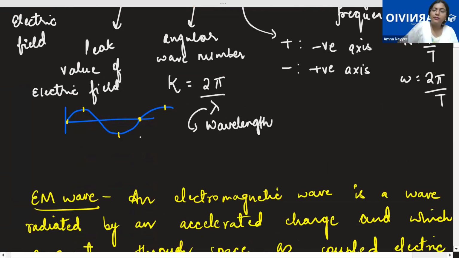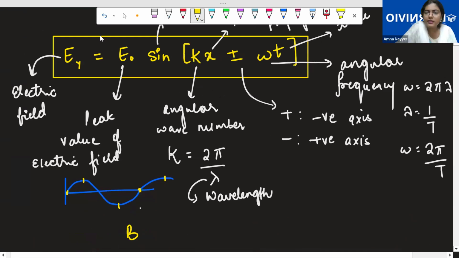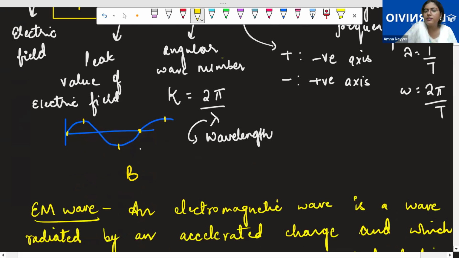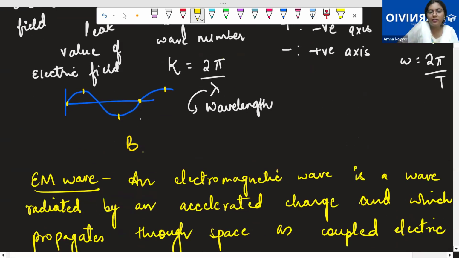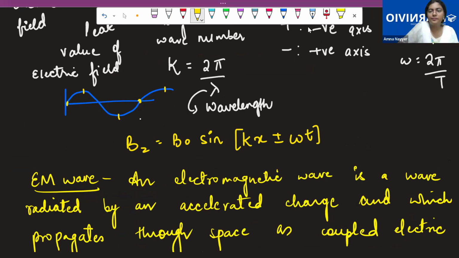Secondly, if I take the same thing for magnetic, now I'll not explain that again. You'll be able to do it. Let's say your electric field is along the y-axis. The wave propagates along the x-axis direction. We are left with the z-axis. So the magnetic field will be across the z-axis, with B naught sine kx plus minus omega t, like this.